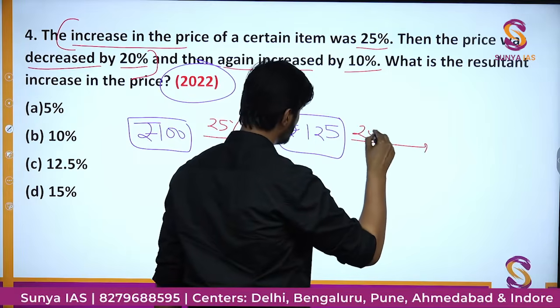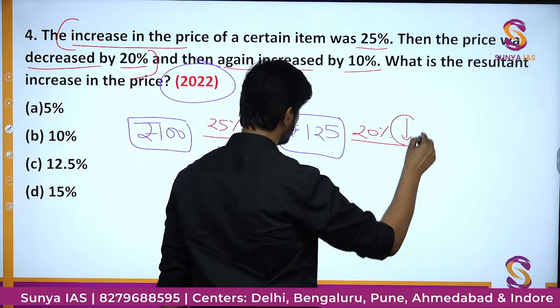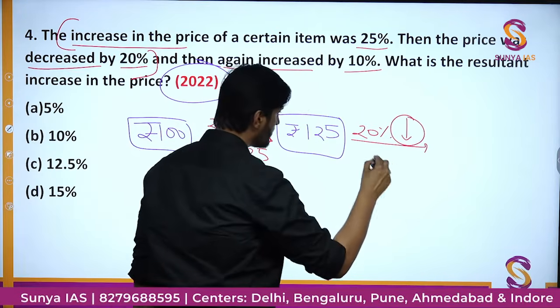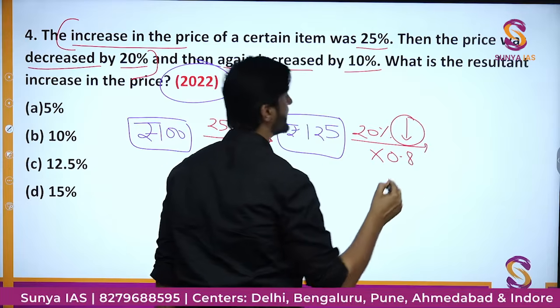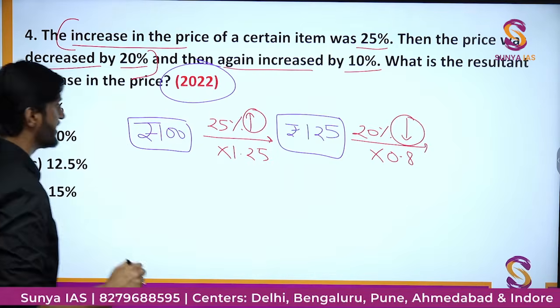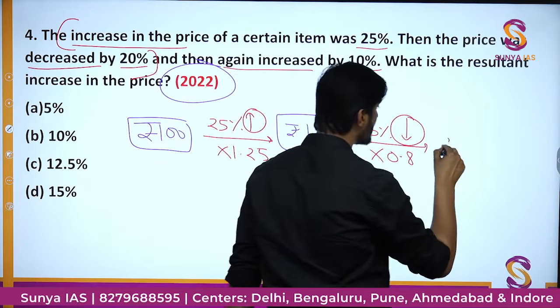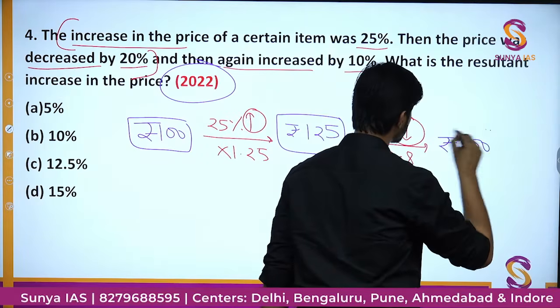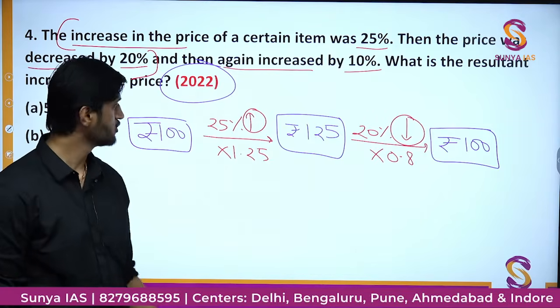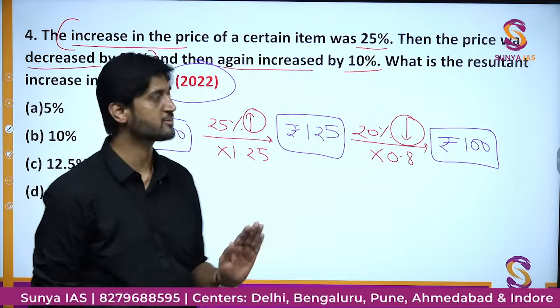So a 20% decrease, how do we signify that? That is signified in the form of multiplication with 0.8. And if you multiply 125 with 0.8, you will get the value of rupees 100, again just like in the previous question. Okay, so from here to here there is absolutely no change.